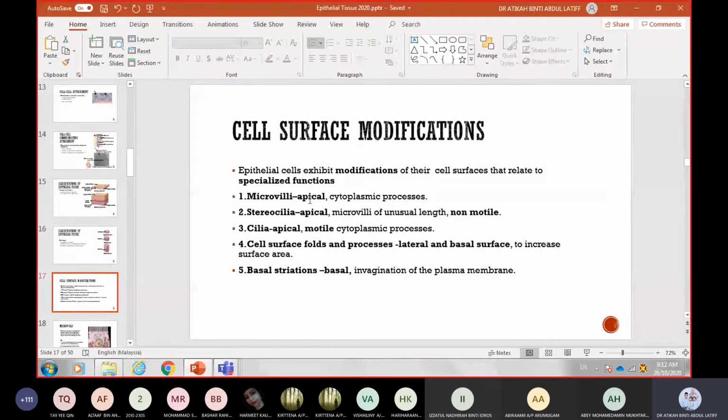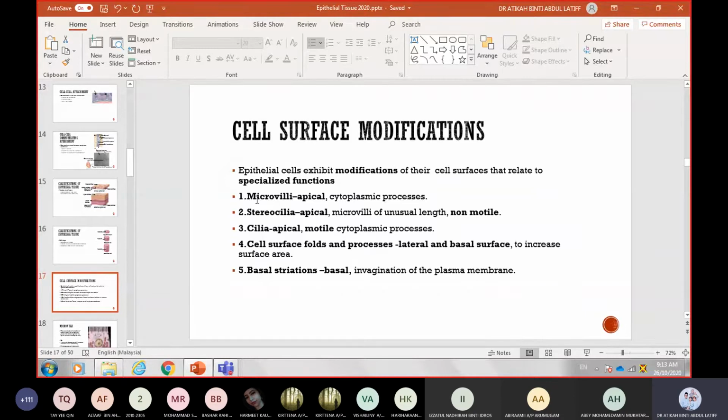So we also name the epithelium according to some cell surface modifications.